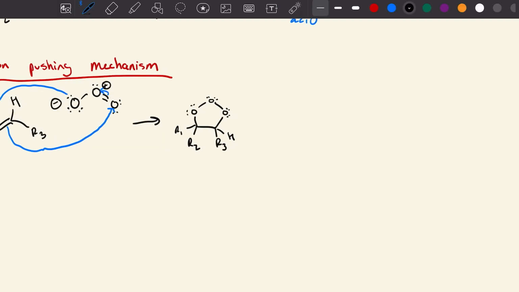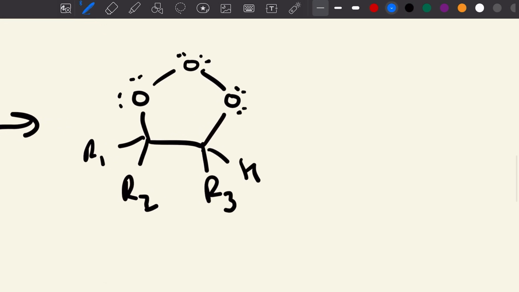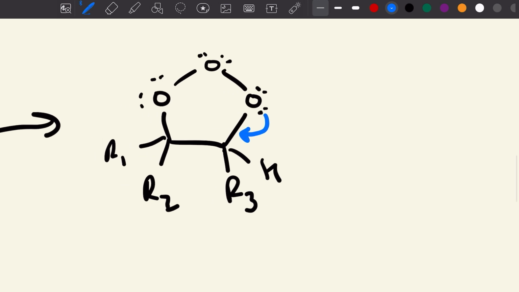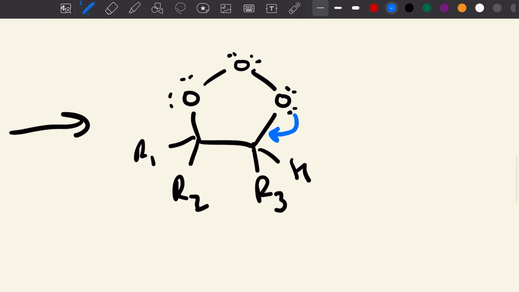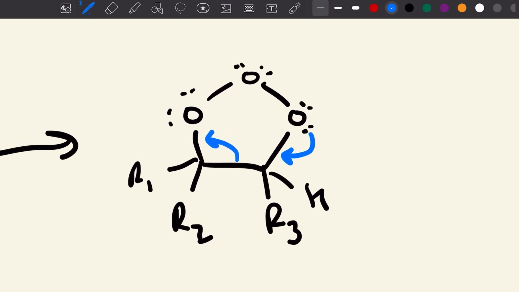So basically from here, the lone pair from this oxygen will attack that bond there, and the electrons in the sigma bond from that carbon-carbon sigma bond will go over into that carbon-oxygen bond, causing this bond to break and the electrons to go into that oxygen.